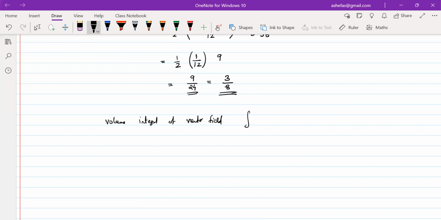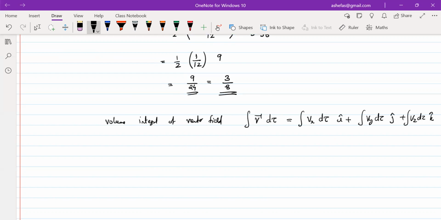If you have a vector field V and take the volume integration, it can be split into three integrations: Vx d tau i plus Vy d tau j plus Vz d tau k.